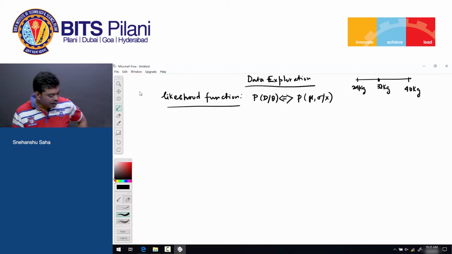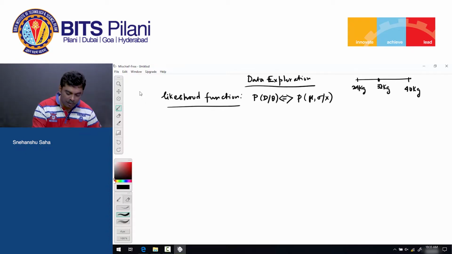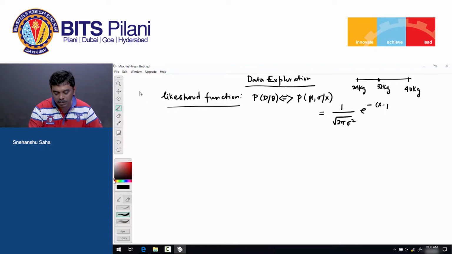And we know how this looks because it's a univariate Gaussian. We are going to use this, okay.